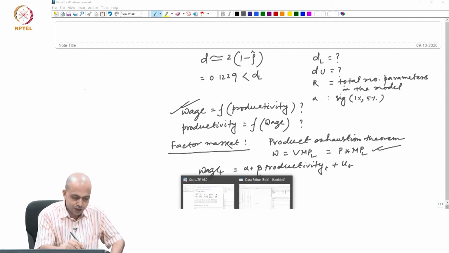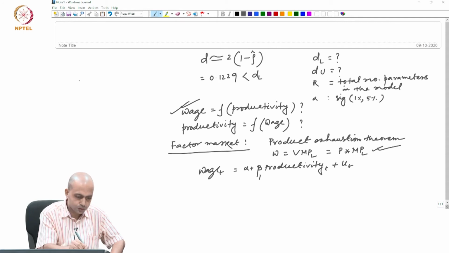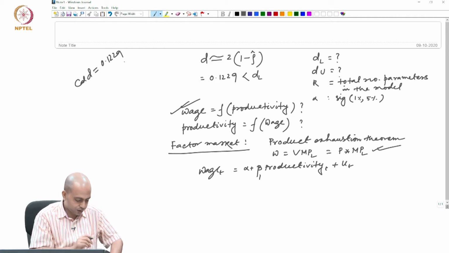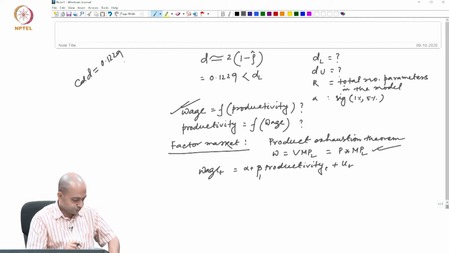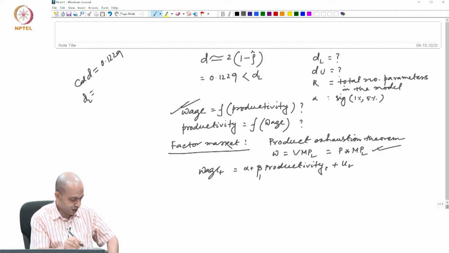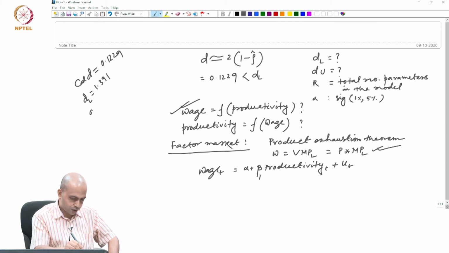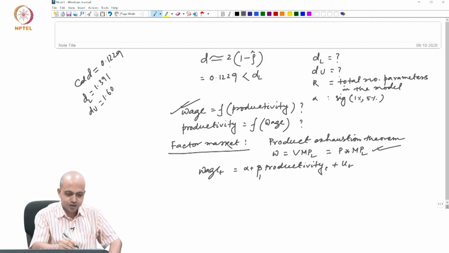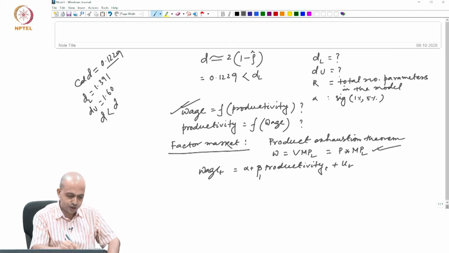So calculated d equals 0.1229, and then what is your dL at the 5% level of significance? dL equals 1.391, okay, and what is dU? dU is 1.60. So that means this d is lower than dL.